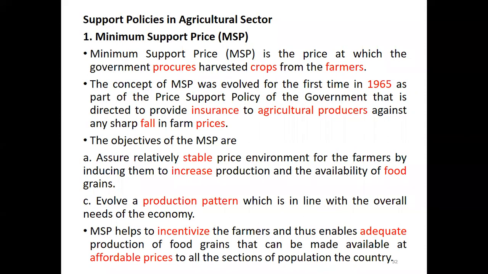So minimum support prices create a stable price environment. So the farmer will decide which crop he should cultivate and which crop he should not cultivate. To take this decision, minimum support prices help a lot. Second, to evolve the production pattern, to engage in the same activities year after year, and to make modifications to the products and to the technology, is also helpful only due to minimum support prices.